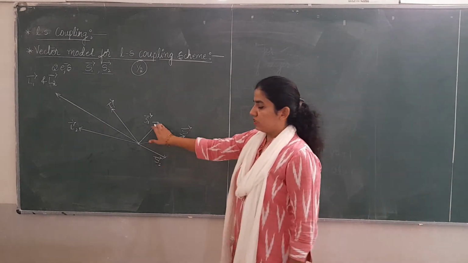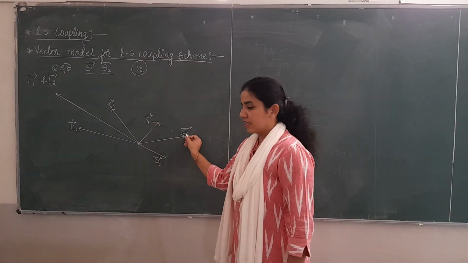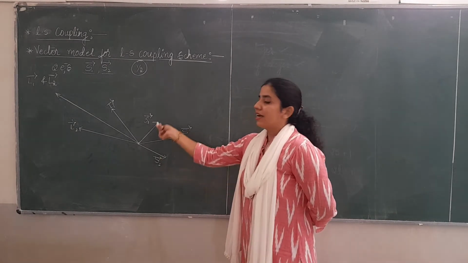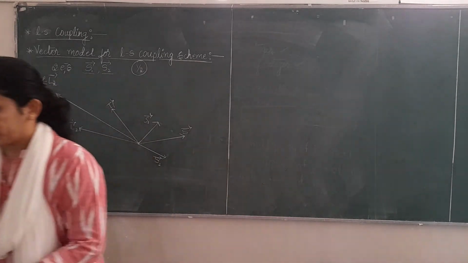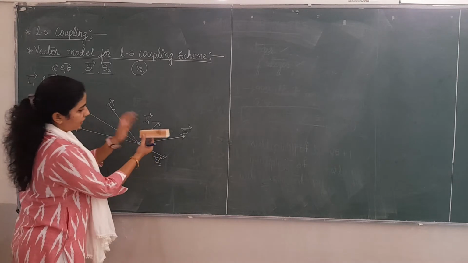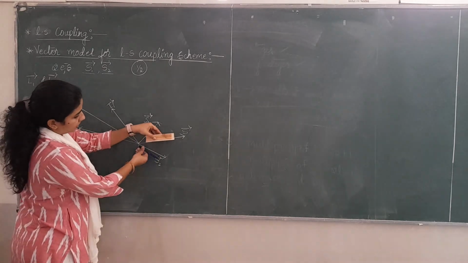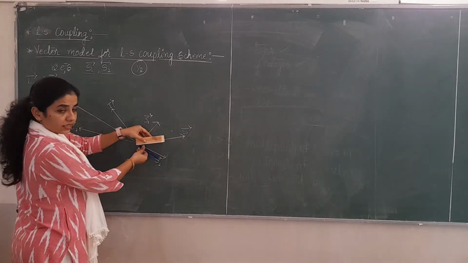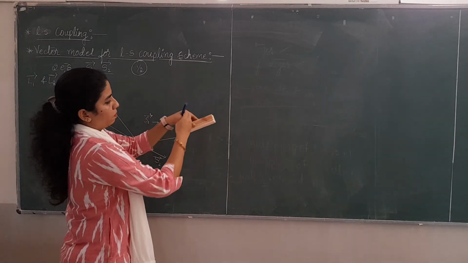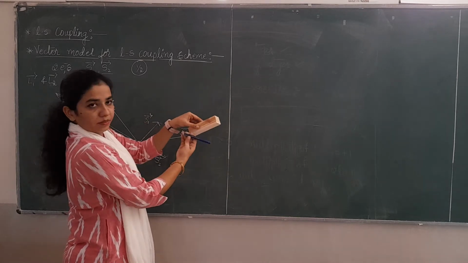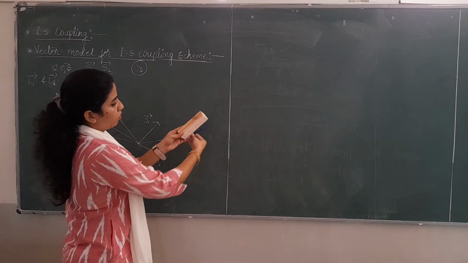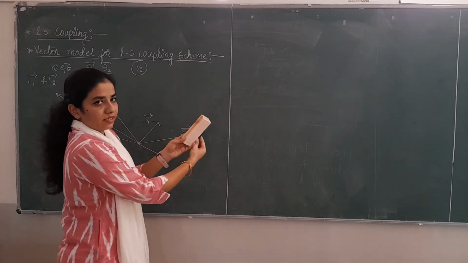The components are going to precess around the resultant. How? Say, for example, this duster indicates S and this is S2. Then this is going to precess about S. I cannot show it clearly, I guess.